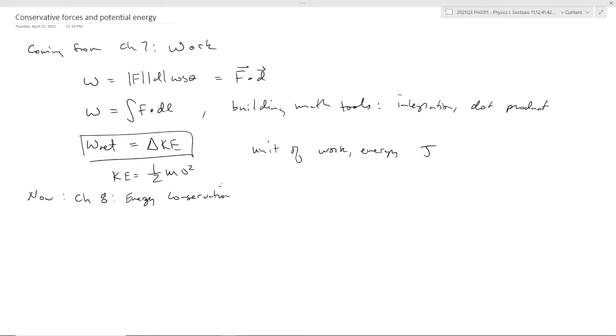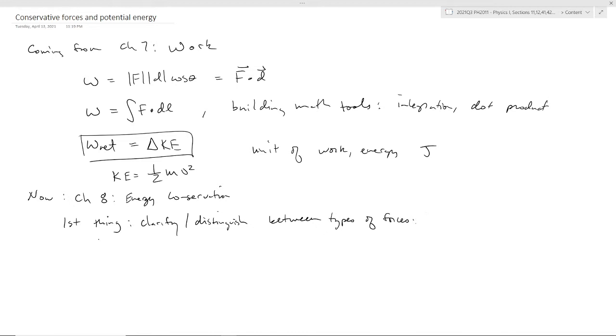So the first thing that we need to talk about is a distinction between kinds of forces, and this is necessary for us to be able to define potential energy. So the first thing that we're going to do is distinguish between types of forces.